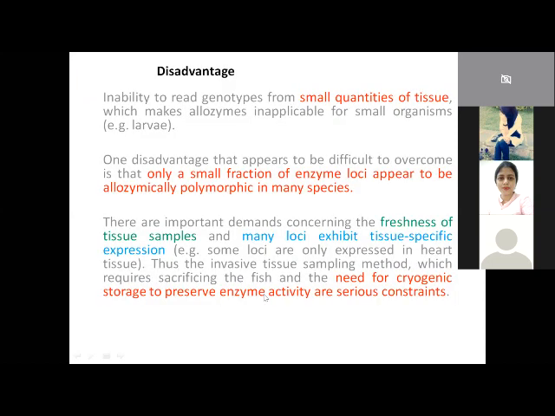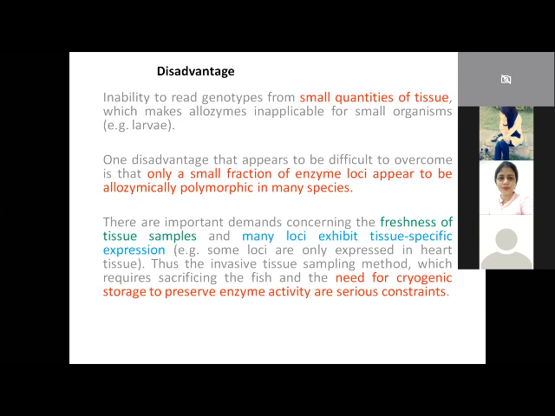And then what are the disadvantages? From a small quantity of tissue you cannot do allozyme analysis. For electrophoresis, you need a significant amount of sample, biological fluid. When we were studying DNA barcoding, I told you that even if only a larva is present, or even from a processed food, we can identify the species.